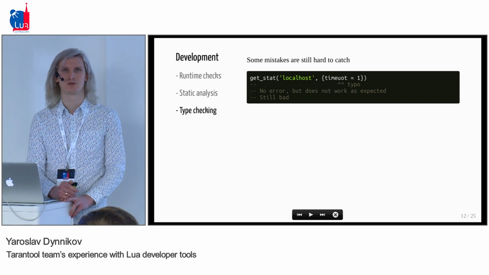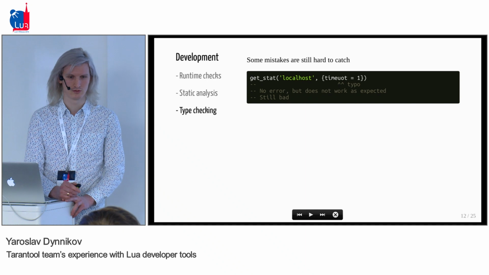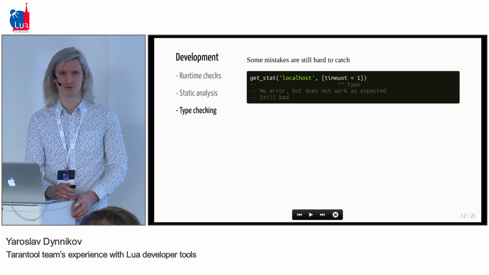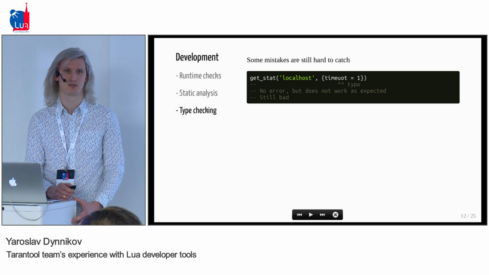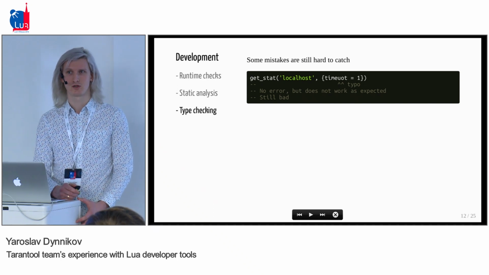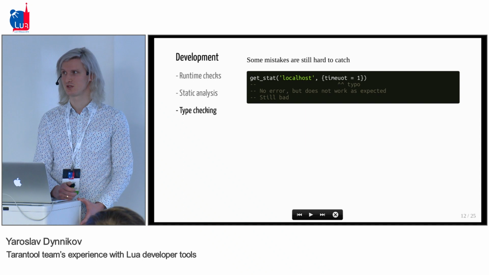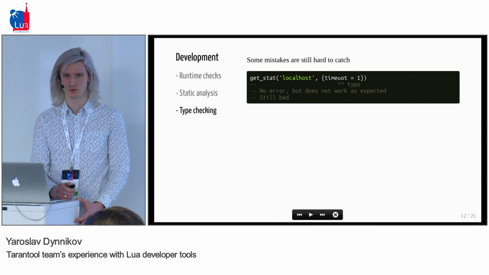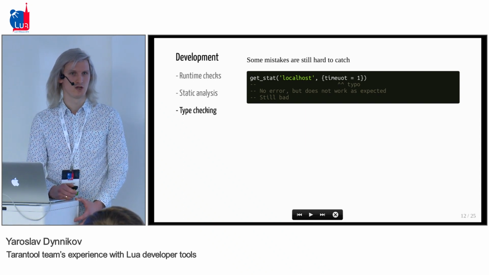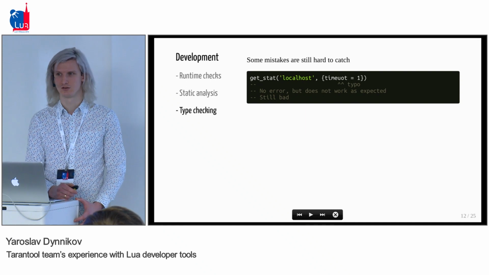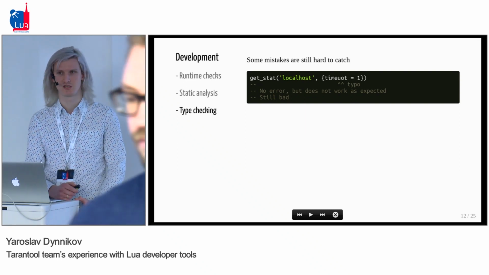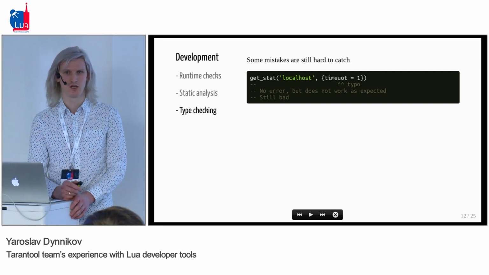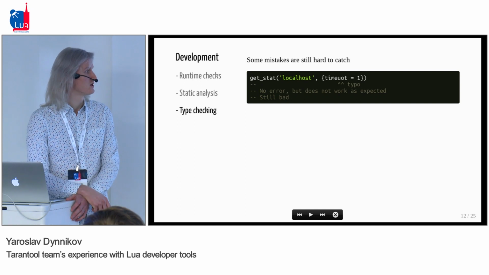And when you try to pass the option with the correct name, you will get that nil, you will substitute the default value, and the code will not work as expected. And you will not even see a warning. Neither LuaCheck nor strict mode can detect it because it's just a key in a table and nobody cares what key you have there.